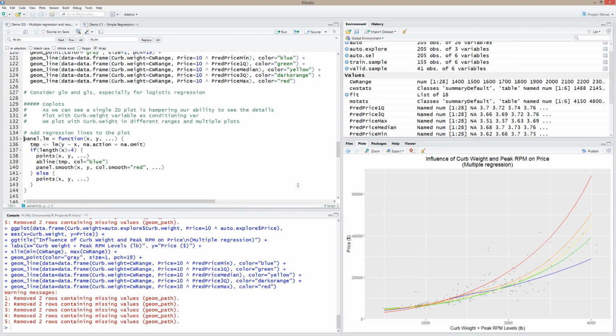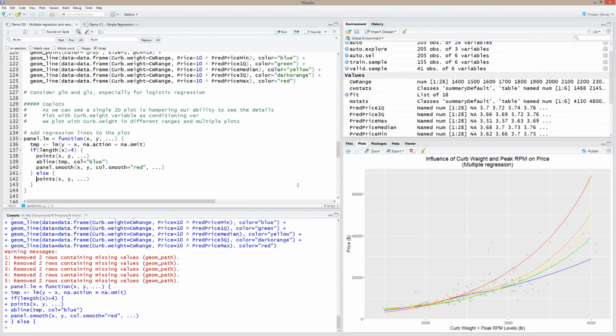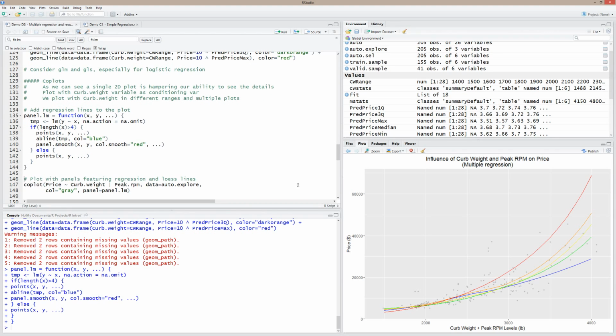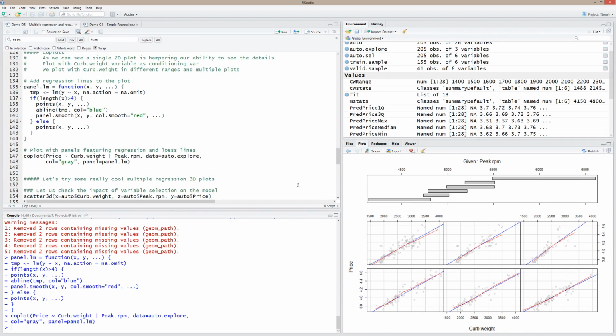So we have here a function which will be helpful in creating the Coplots. That function simply plots the contents of several possible plots. Here we have 6 panels.